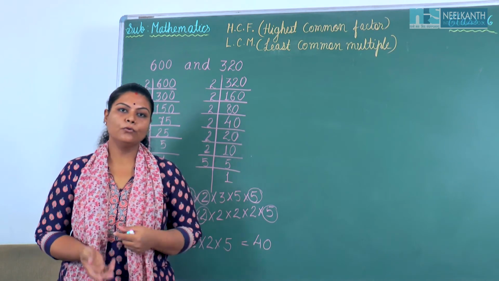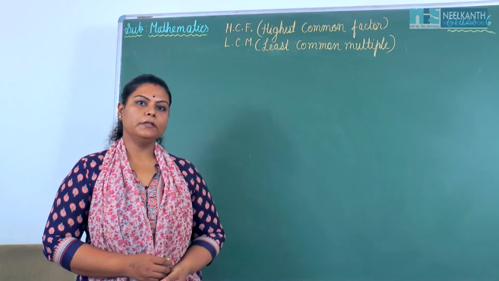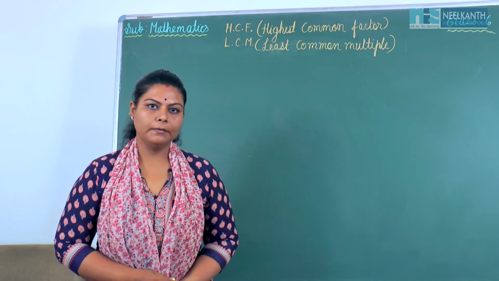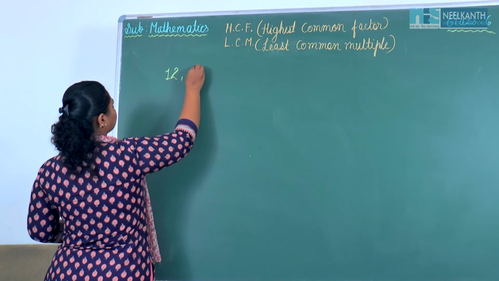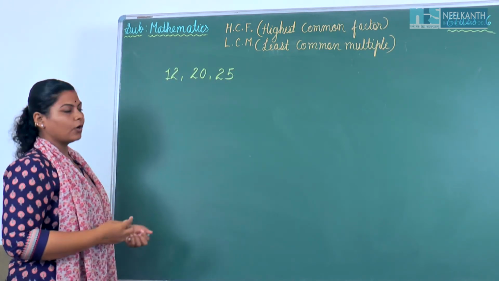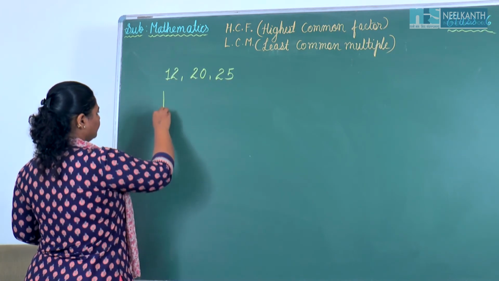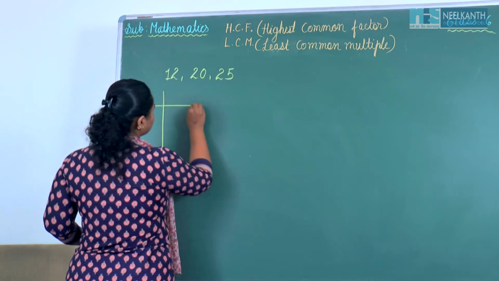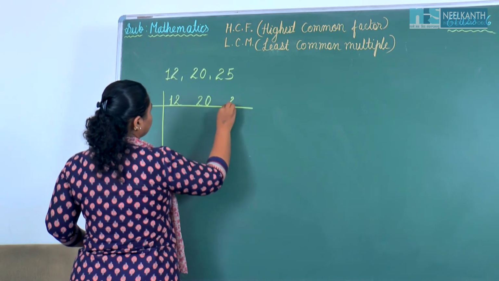Now let's see how to find the least common multiple. Let's solve one example. Suppose they have given us the numbers 12, 20 and 25, and we have to find the least common multiple of these three numbers. First of all, we have to factor all the numbers together: 12, 20 and 25.